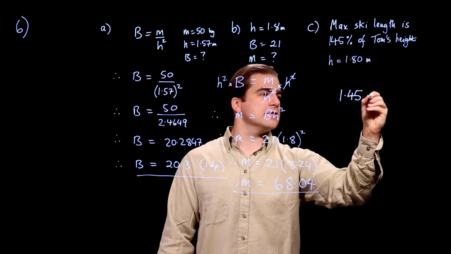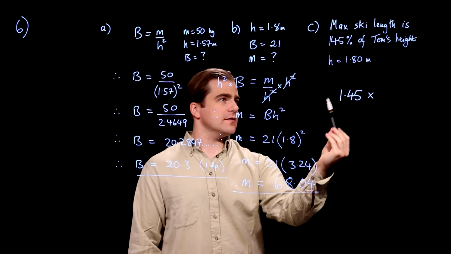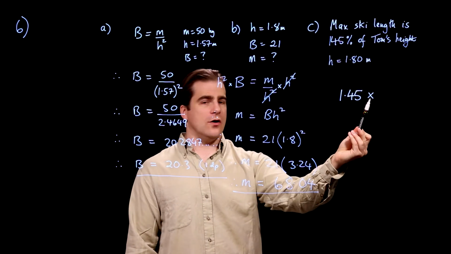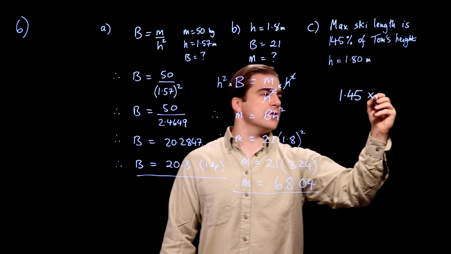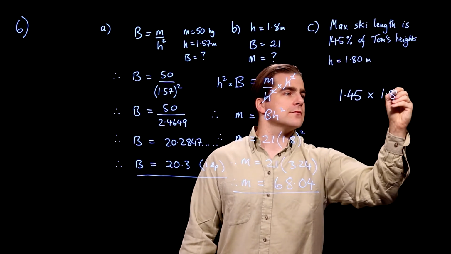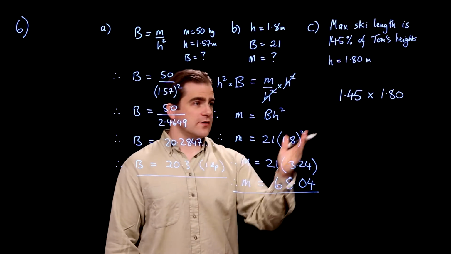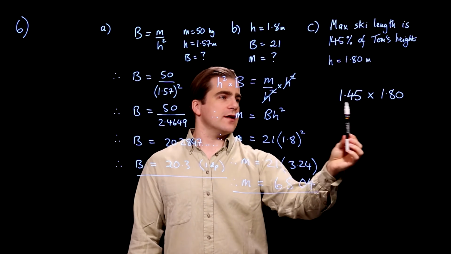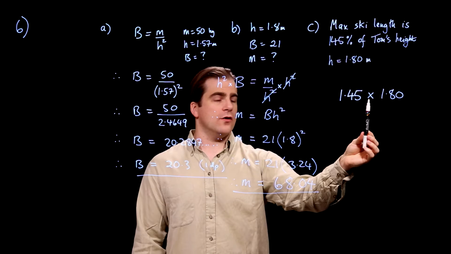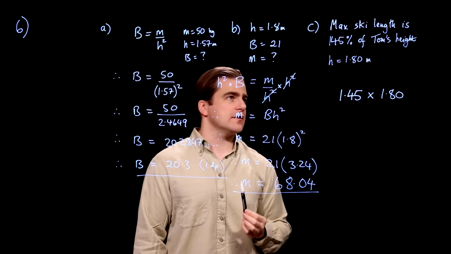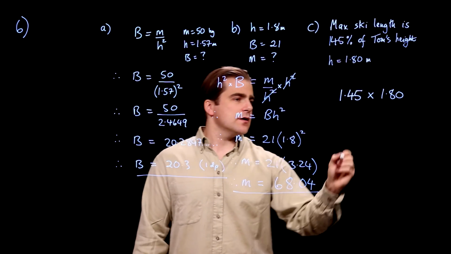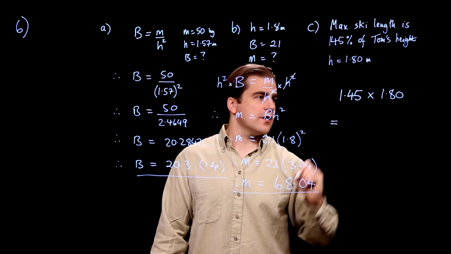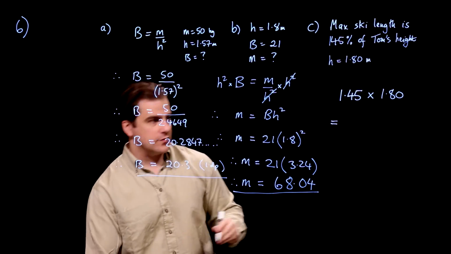Of means times. So that's 145% of Tom's height, which is 1.8 meters. So that's it. That's the answer. 145%, 1.45, of means times his height. And 1.45 times 1.8 is 2.61.